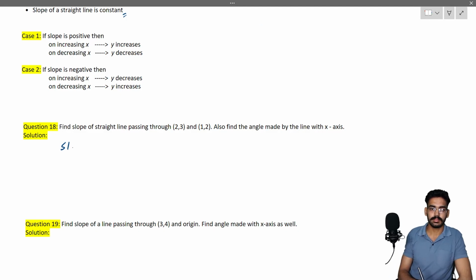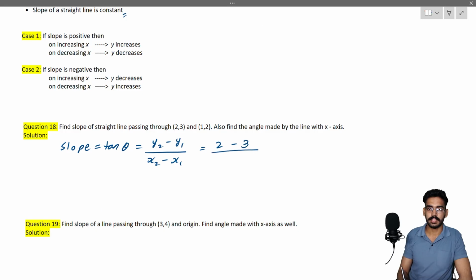So we know the slope of a line is equal to tan theta, that is (y2 minus y1) divided by (x2 minus x1). Now let's put in the values. y2 means the second point's y coordinate, that is 2, minus y1, the first point's y coordinate, that is 3, divided by the second point's x coordinate, that is 1, minus 2.